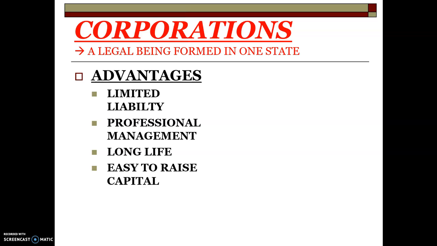One of the biggest ones, Ford Motor Company. They've been around a long, long time. The Hershey Company. You can think of some of these large corporations. They can easily raise capital, and they can come up with land, buildings, stuff like that.